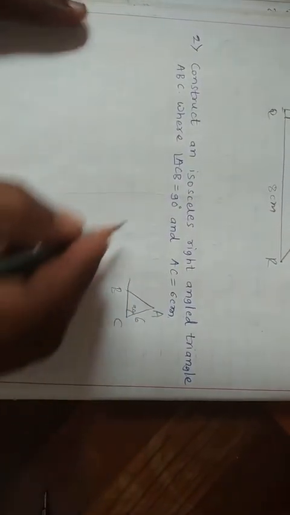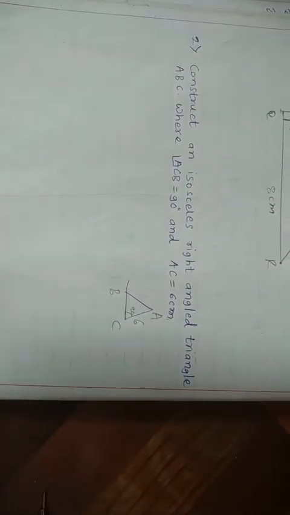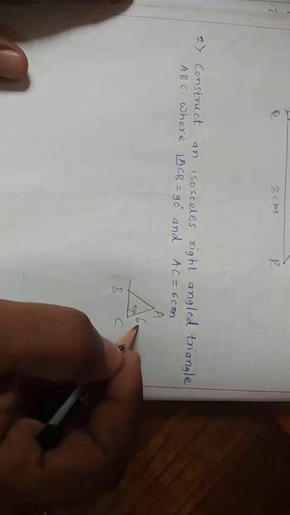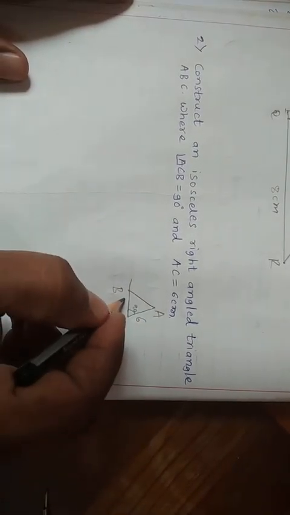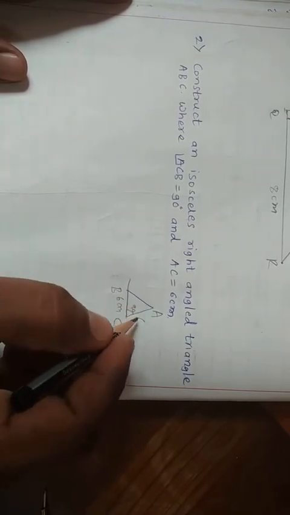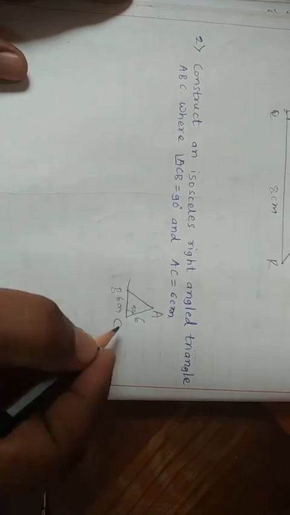And see, students, it is an isosceles triangle, which means two sides are equal. They gave us one side, so this side is also 6 centimeters. You have to take this one as 6 centimeters.